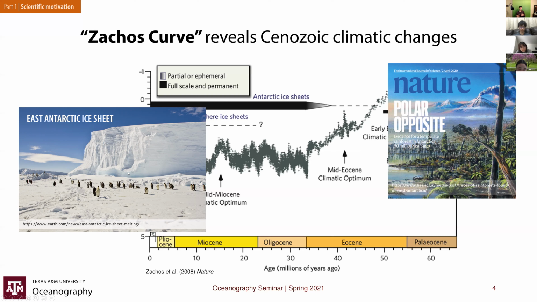And icehouse climate is what we live in right now, where we have permanent ice sheets developed in both northern and southern polar regions. So this is a picture of the East Antarctic ice sheet with lots of cute penguins you can see here.